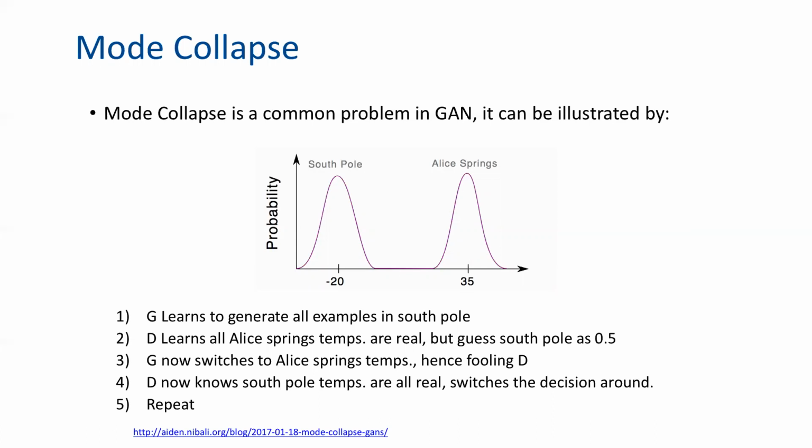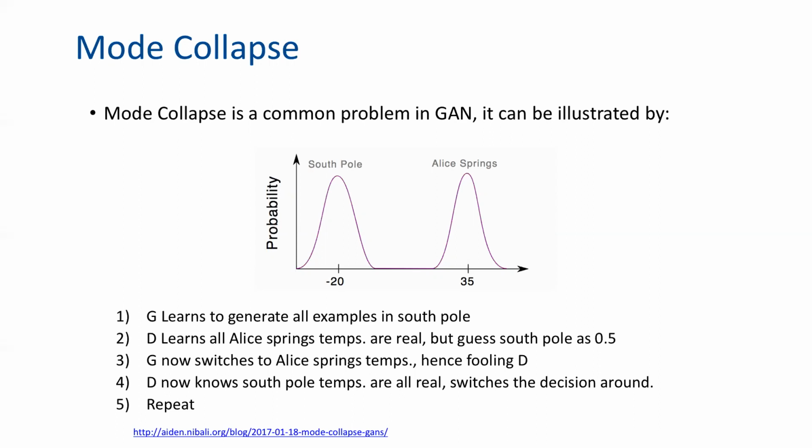So assuming your generator at first, very likely it will generate most of its outputs in one of the modes, say the South Pole. The discriminator then will have a lot of success if it guesses that all of the Alice Springs temperatures are real, because currently the generator can't produce them. And for South Pole, maybe it guesses 50-50.